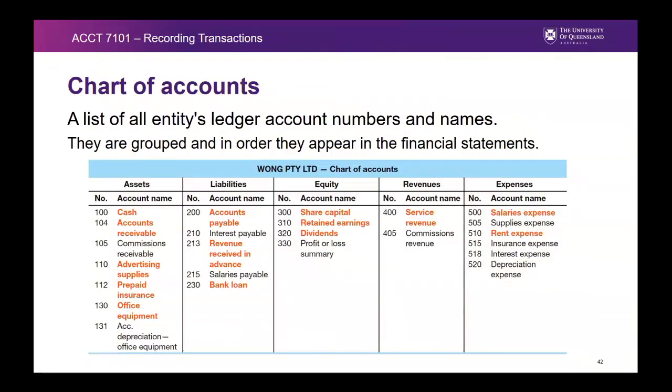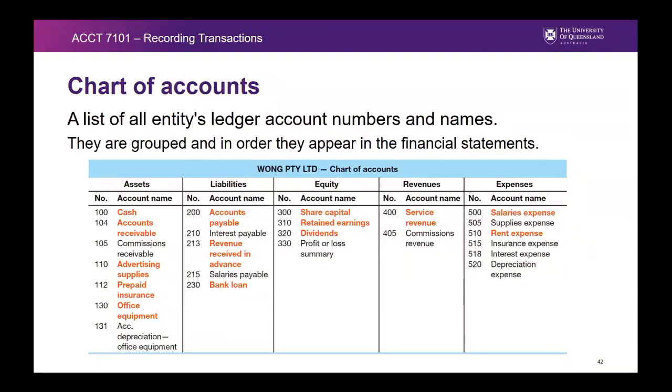One other thing is just, this is more of a housekeeping, it's not so important. So here's just an illustration of the different types of assets, liabilities, equity, revenues, or income and expenses. So this is just if we had a formal set of accounts. And the main new innovation here is that sometimes they get allocated numbers.